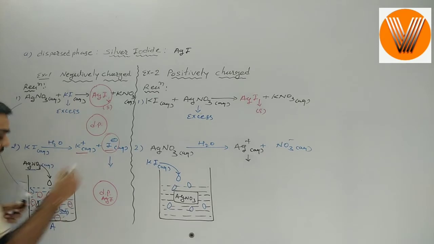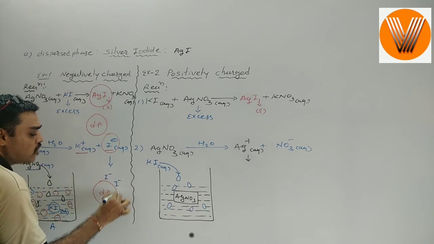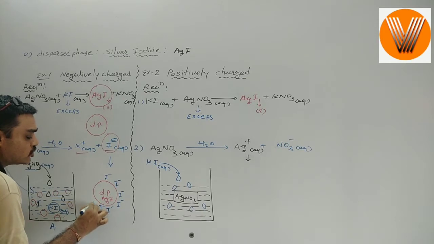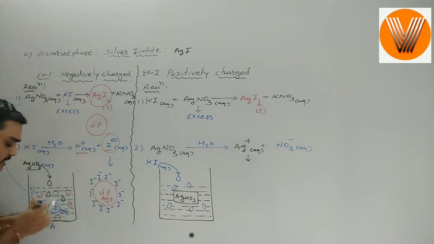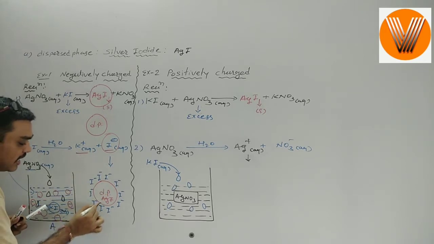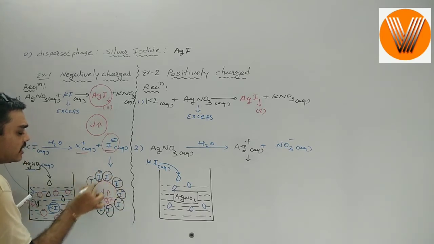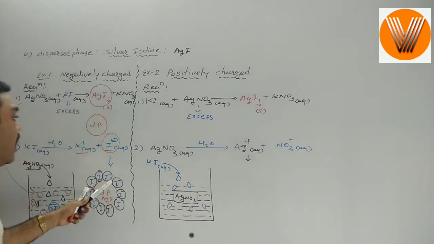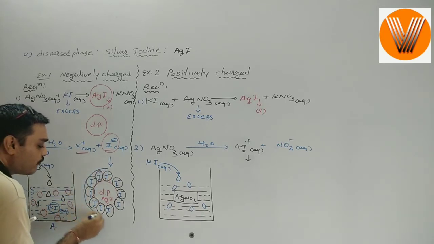Now you find that I minus ions are attracted and adsorbed on the surface of the AgI dispersed phase particle. Adsorption of I minus ions takes place. You can see I minus ion, I minus ion, I minus ion. These I minus ions are adsorbed on the surface of the dispersed phase particle, the AgI silver iodide precipitate, and make a fixed layer.